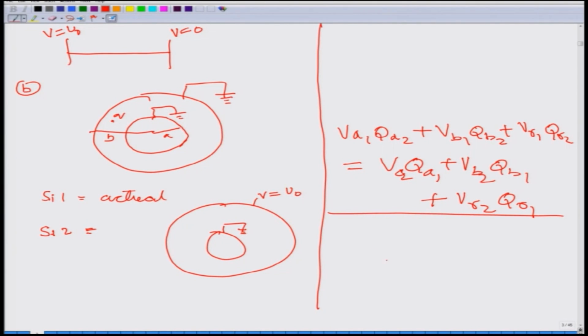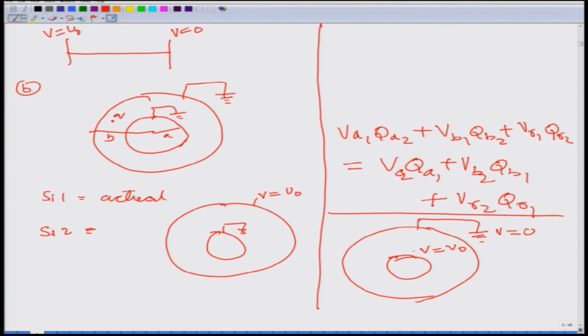In the next situation, you consider the inner spherical shell to be at some potential V0 and the outer spherical shell to be grounded, and then you apply the reciprocity theorem, and you will find the induced charge on the other surface. So this is the hint to problem B.